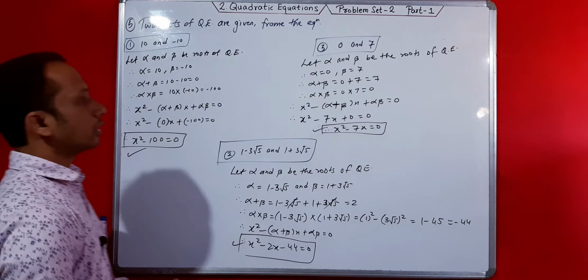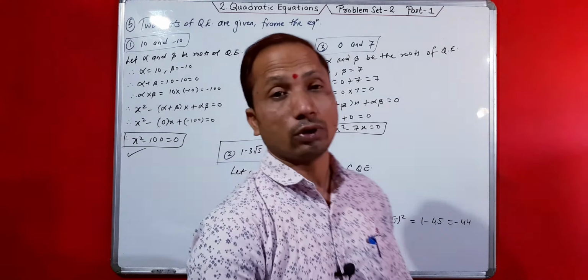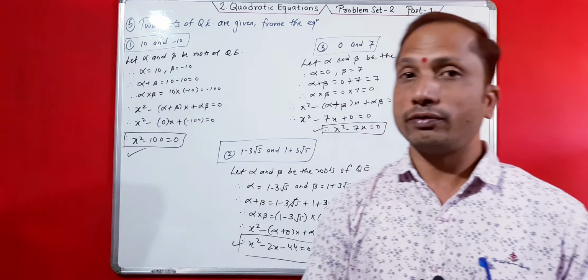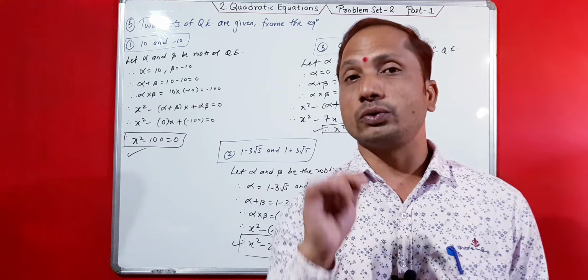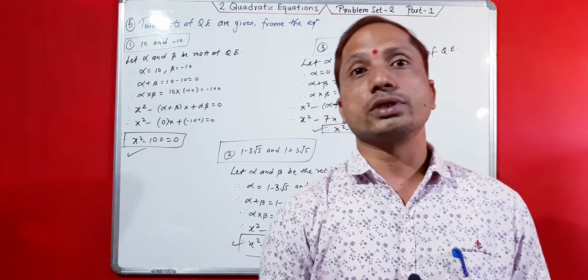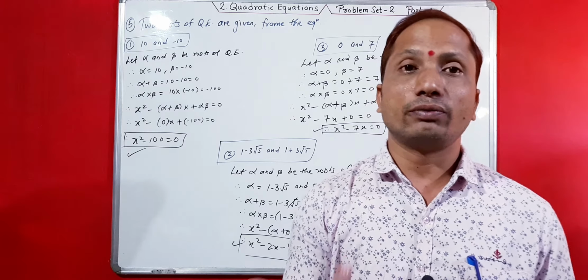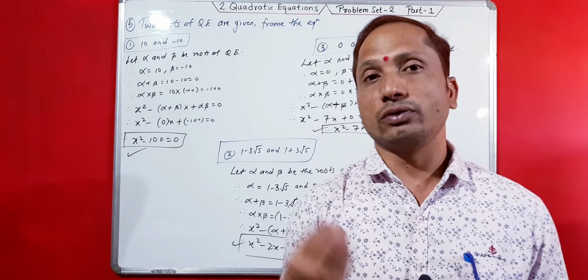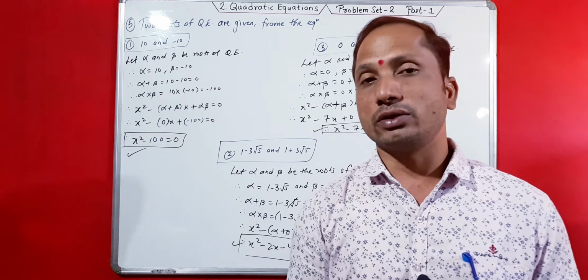In this way you have to solve this problem: frame a quadratic equation using the given two roots. As we have already discussed, consider alpha and beta as the roots of the given quadratic equation. Alpha is the first root, beta is the second root.